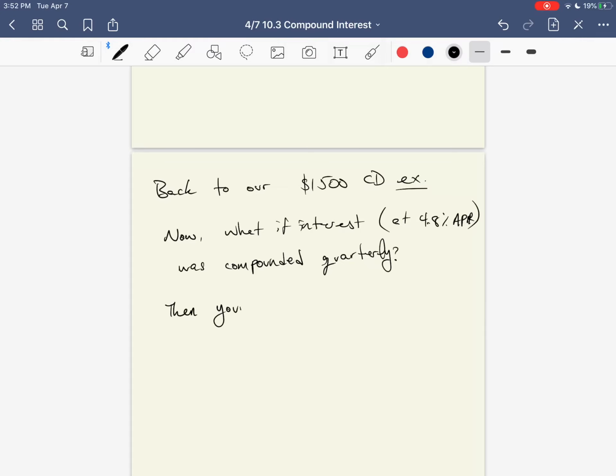Then your interest rate is actually 1.2% per quarter. 1/4 of 4.8%.